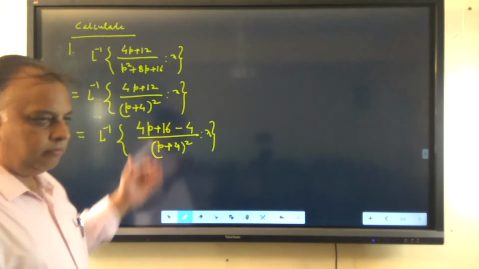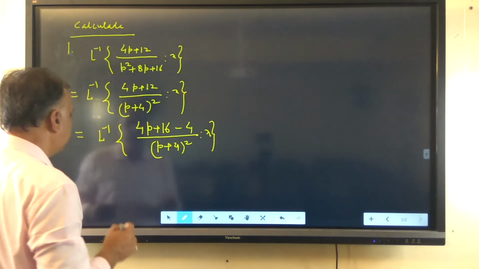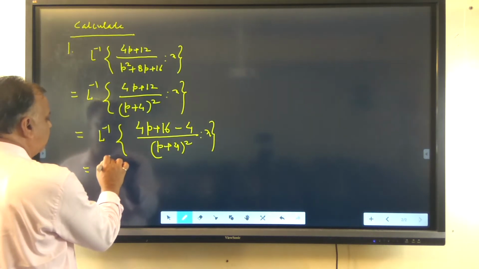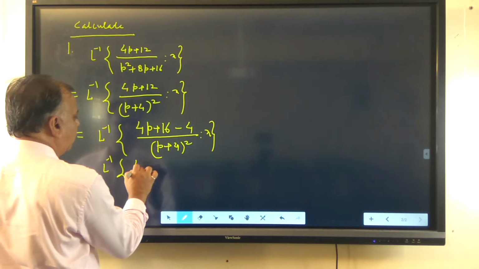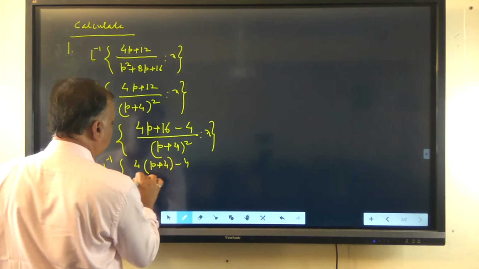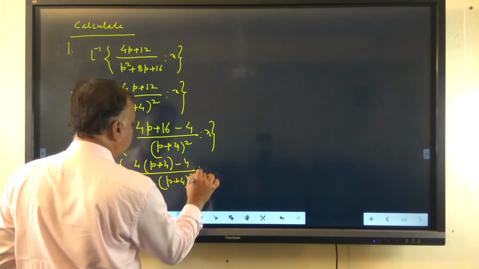We will manipulate this to use the various properties of the inverse Laplace transformation, and this can be written as the inverse Laplace transformation of [4(p + 4) − 4]/(p + 4)² with respect to x.